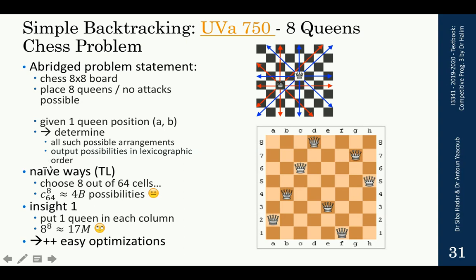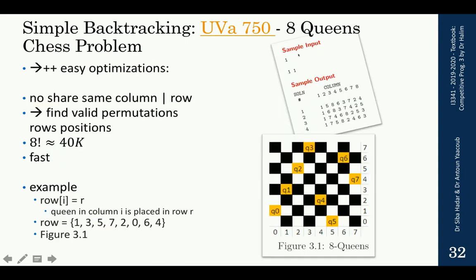And like this, they gave us the queen at place 1 1. First of all, we have to translate into 0 indexing. So we have a queen at place 0 0, and we have 4 possible solutions.